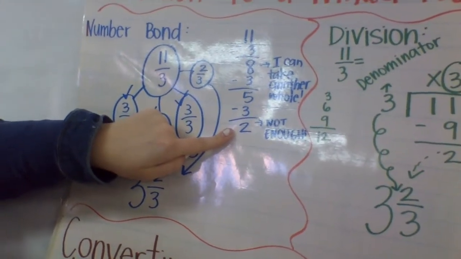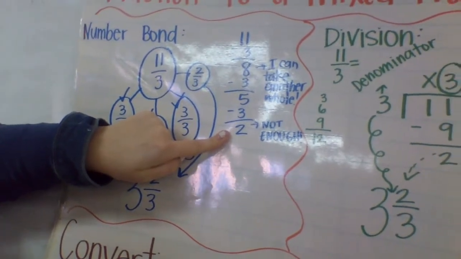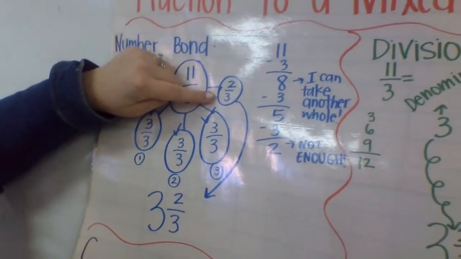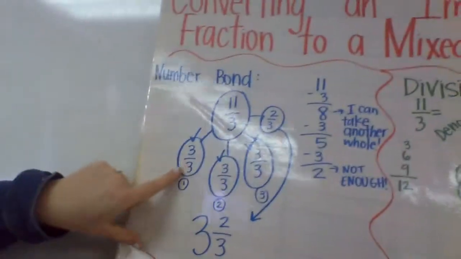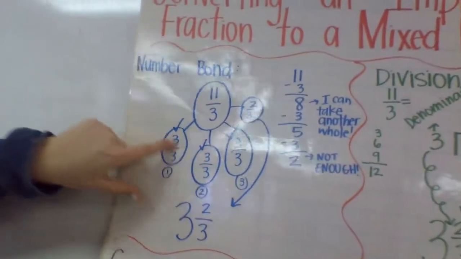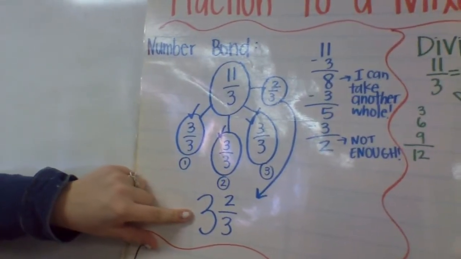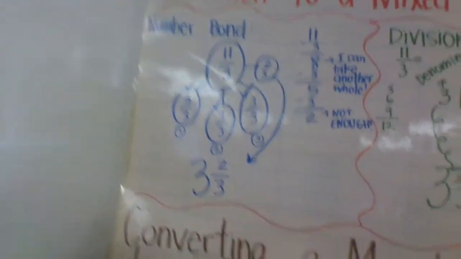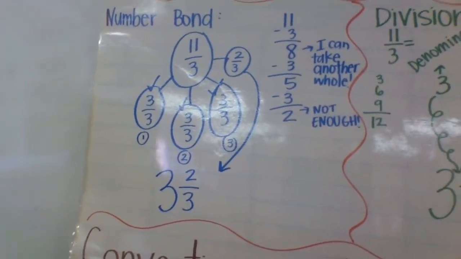That is not enough to make another whole, so I have 2 thirds left as my fractional piece. We brought out 3 whole groups of 3 thirds, so 3 wholes, and there were 2 thirds left. So 11 thirds as a mixed number is 3 and 2 thirds.